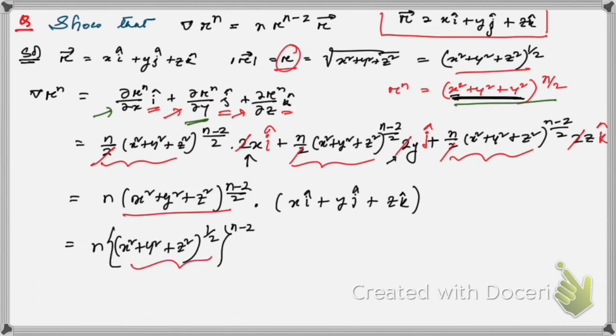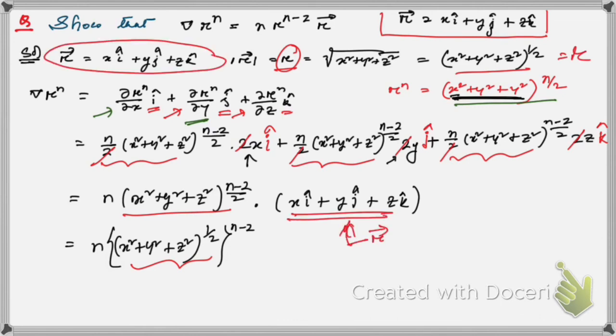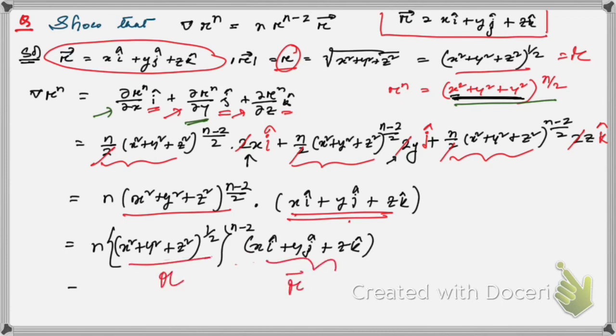So this is your r, right? And this is your r vector. So this is your r, right? So what we can write now, you can replace this one by r, and you can replace this one by r vector, right? So you can see r is nothing but this.